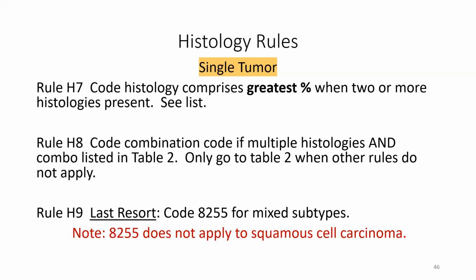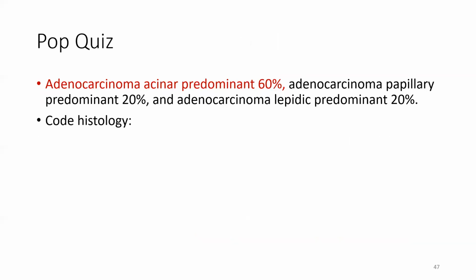And then H9 is the last resort histology for a lung, and it's the 8255 for mixed subtypes. 8255 does not apply to squamous cell carcinoma. But if you have adenocarcinoma with mixed subtypes, they are allowing you to use 8255.